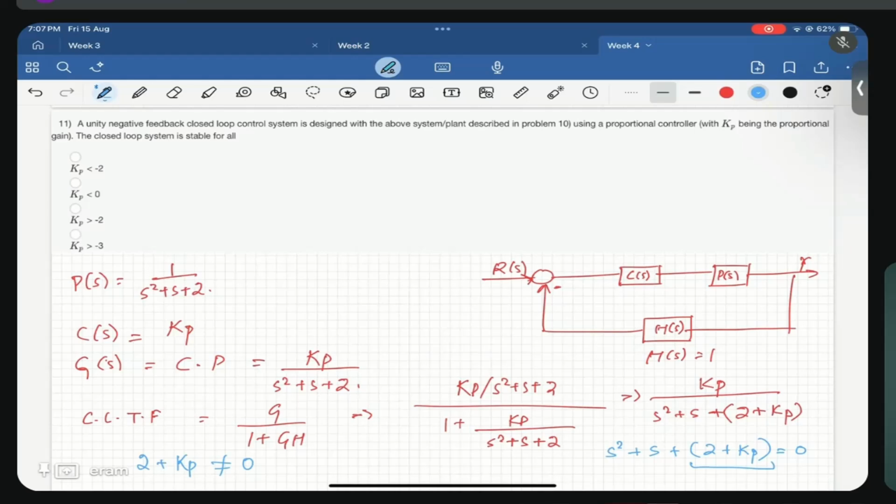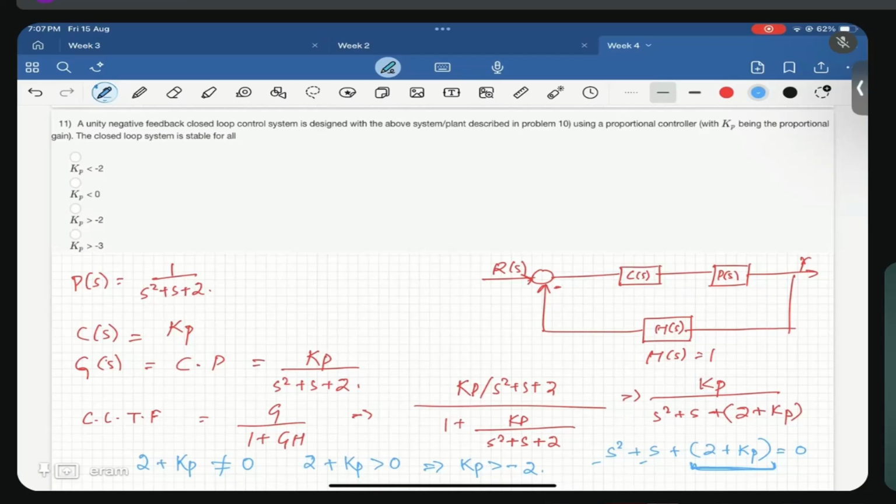We have the other two coefficients as positive, so we need this one also positive. So 2 plus Kp should be greater than 0. From here we can write Kp should be greater than minus 2. It should not be equal to minus 2.